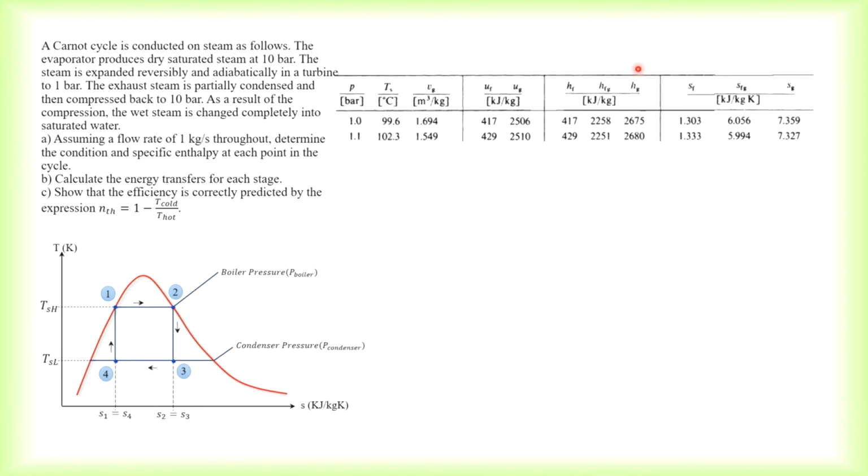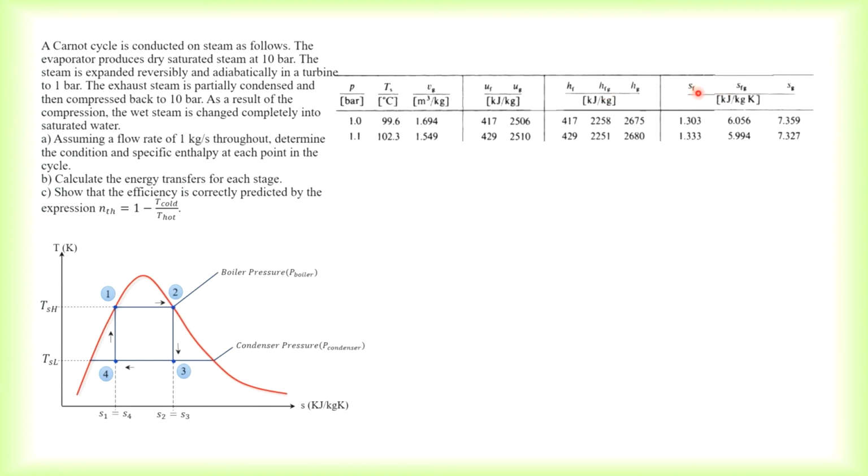So from the property table, you will see the saturation pressure, saturation temperature, the specific volume for dry saturated steam, saturated liquid internal energy, dry saturated vapor internal energy, and the H here stands for enthalpy. Subscript F here is saturated liquid, G is dry saturated vapor, HFG is Hg minus Hf.